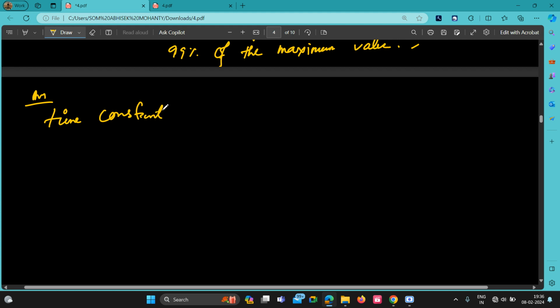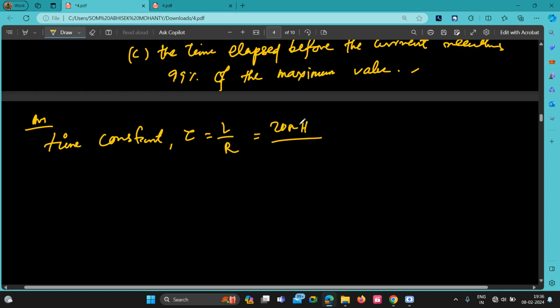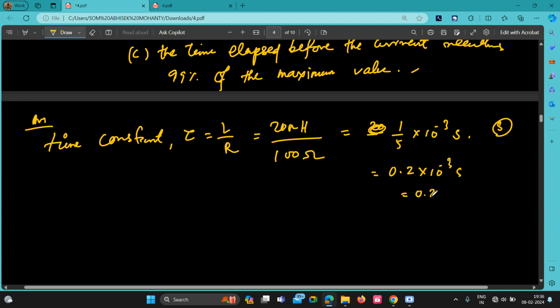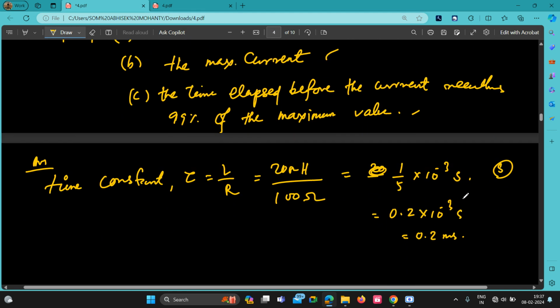Time constant tau is equal to L by R, that is 20 millihenry divided by R, which is 100 ohm. So that gives me 20 by 100, that means 1 by 5, 10 to the minus 3. The unit of tau will be second. This is 0.2 times 10 to the minus 3 second, that is 0.2 millisecond.